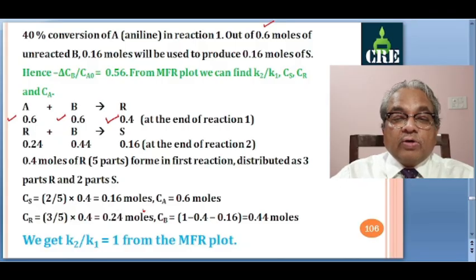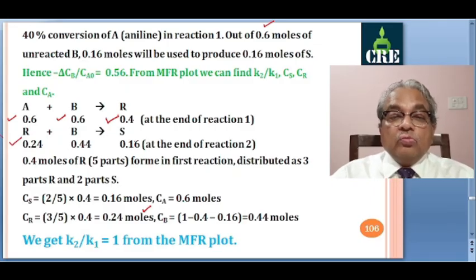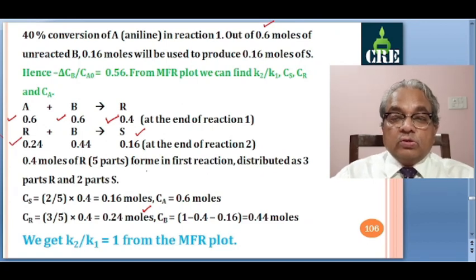So the concentration of R at the end of the second reaction will be 0.24. And 2 parts, that is 0.16, converts into S. So 2 by 5 into 0.4 is 0.16. So the distribution is as given in the problem statement.